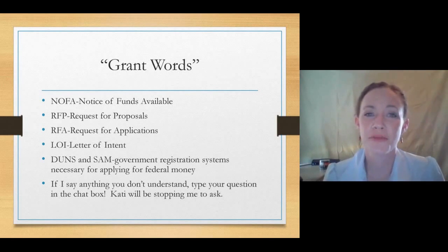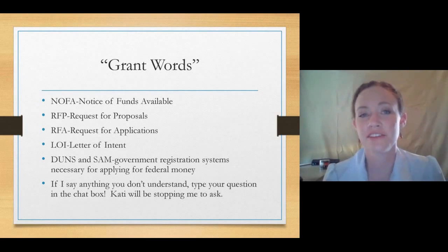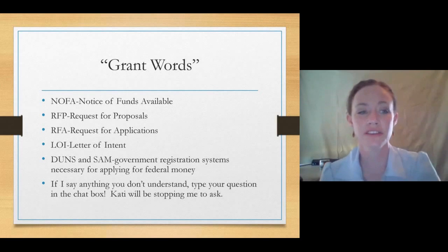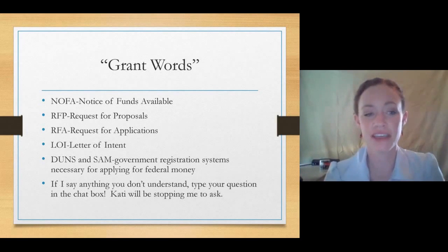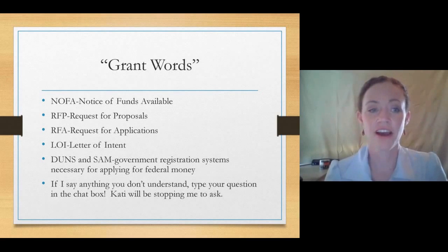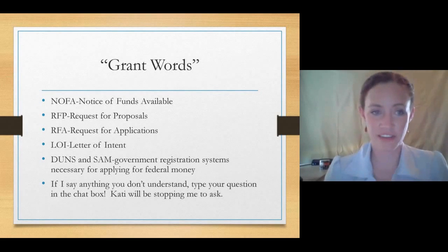NOFA, I've also heard it pronounced NOSA, N-O-S-A. NOFA means Notice of Funds Available. RFP and RFA, to me, those three things, NOFA, RFP, and RFA, are actually about the same thing. They just mean that there's funding available and you can apply for it.